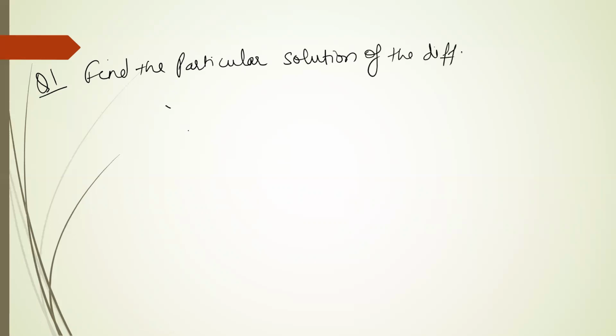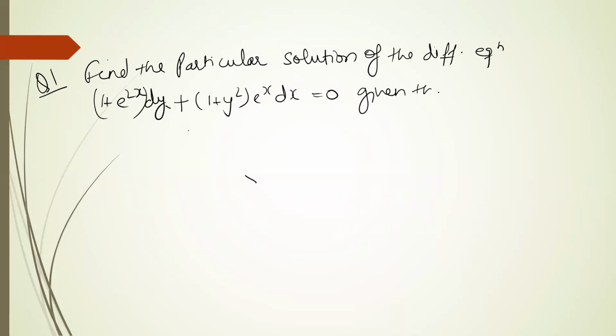Question number 1 which I am discussing is: find the particular solution of the differential equation 1 plus e to the power 2x dy plus 1 plus y square e to the power x dx equals to 0, given that y equals to 1 when x is equal to 0.